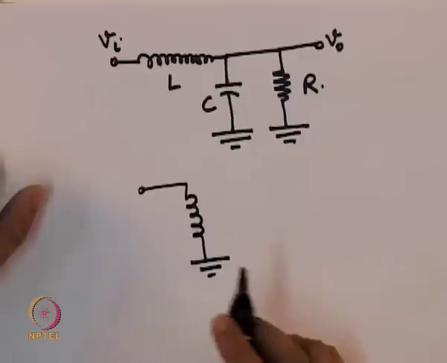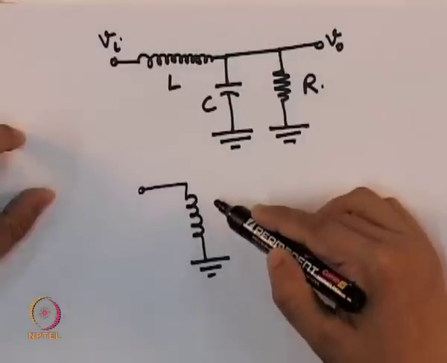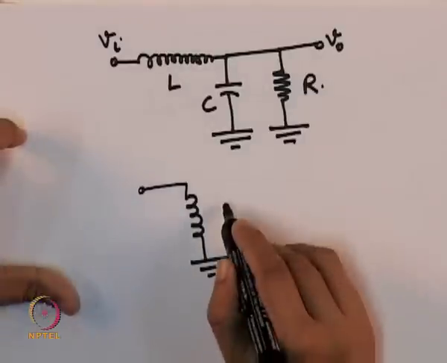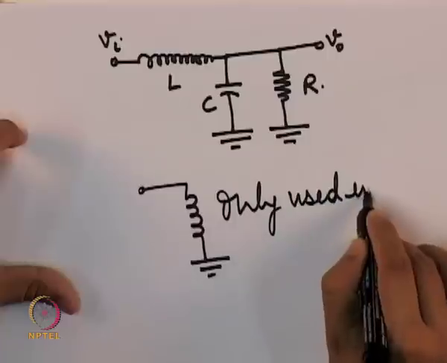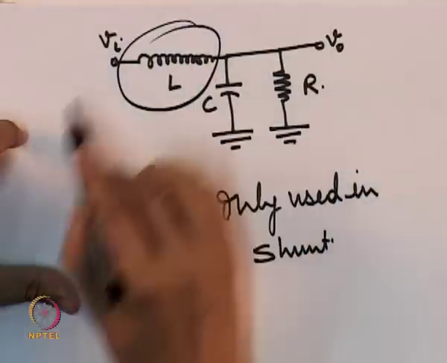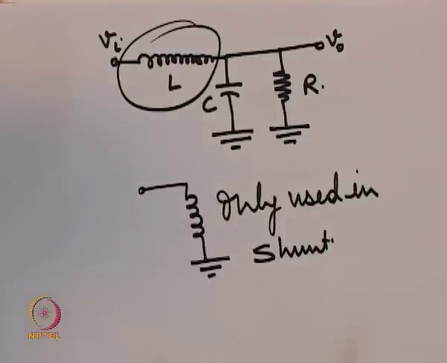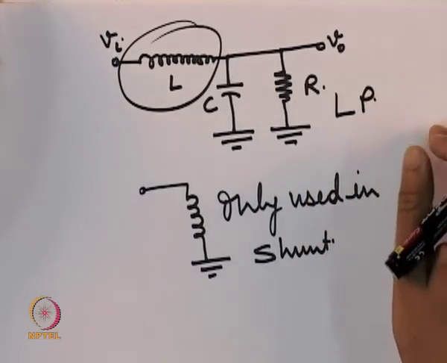So, we have implemented an active inductor, but one terminal of that inductor is always grounded. So, it can be used only in shunt. It cannot be used in series like we have here, and that is the reason we cannot implement a low pass prototype using this inductor. Of course, there are many other implementations of low pass prototype. Let us see one of them.